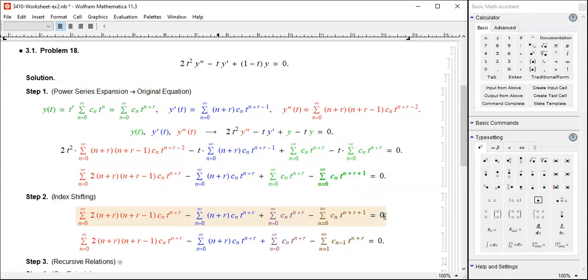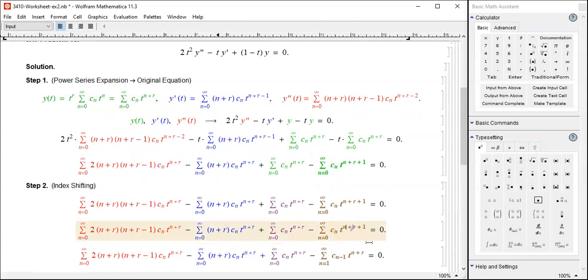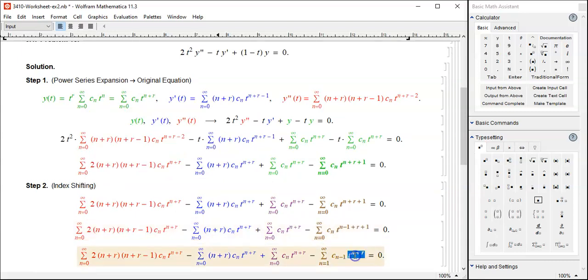And then let's apply the index shifting. We want this n plus r plus 1 to be n plus r power. So how do we do that? We take the index shifting n by n minus 1, so that this one is n minus 1 plus r plus 1, so that we get n plus r power.